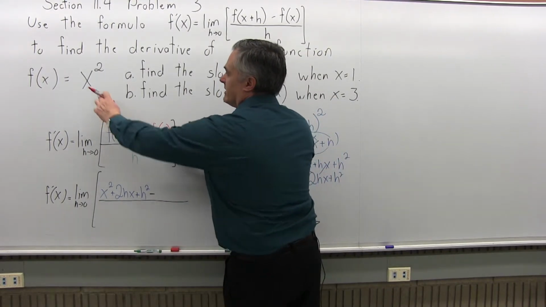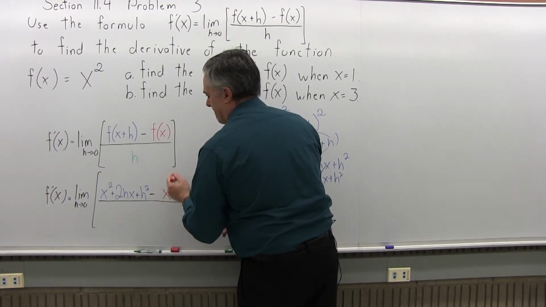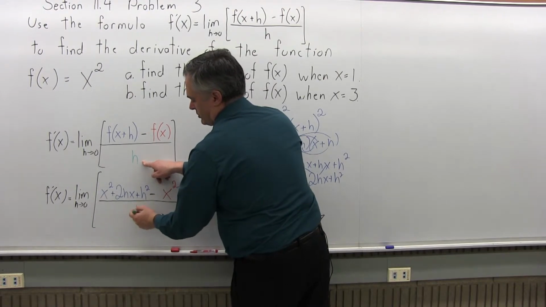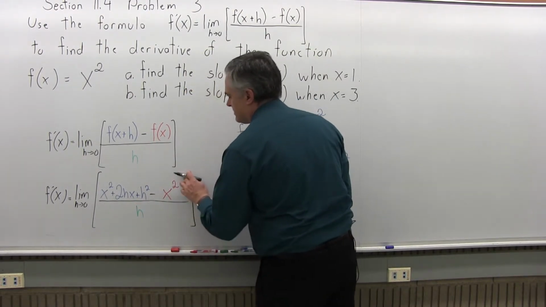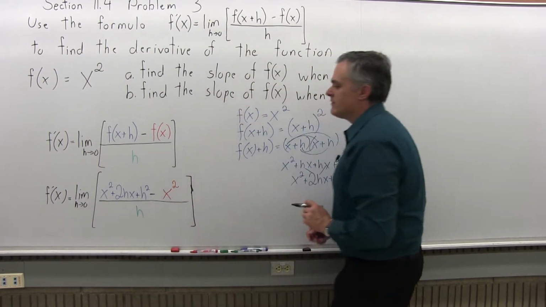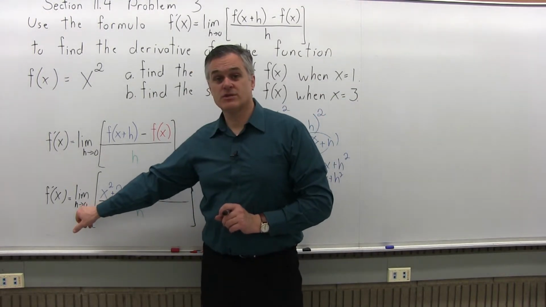F of x is given in the beginning of the problem. It's x squared. And then in the denominator, just plain old h. And now I will close the brackets.